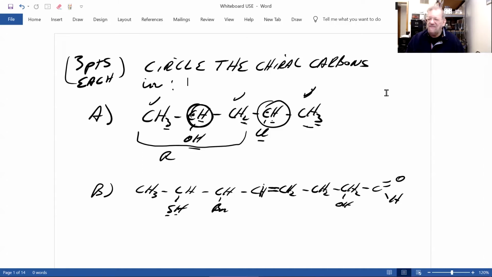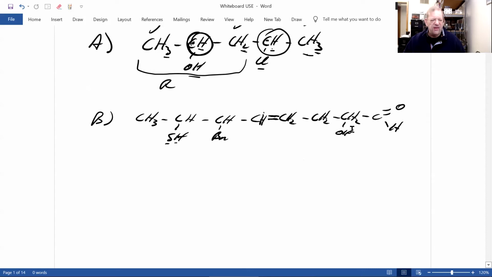Yell out. Okay, let's take a look at B. And the question is circle the chiral carbons, 3 points each. Now, the quick way is look for carbons that can't be chiral. If it has 2 or more of the same group, or if it's in a double or triple bond, it can't be chiral. This one has 3 hydrogens, it's out. Oh, look at these 2 carbons, they're in a double bond, they're out.